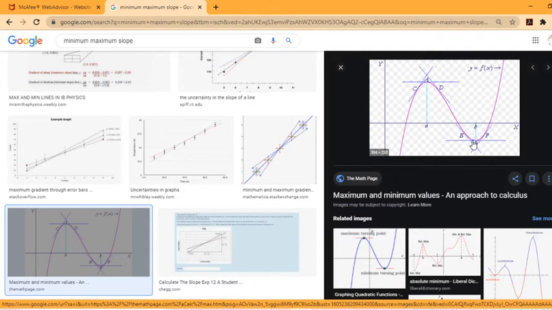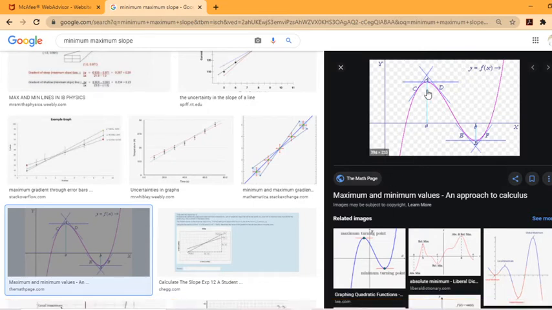Similarly in the case of the minimum, at the point E the slope is negative, at the point F the slope is positive, and at the point B the slope is parallel to the x-axis. So the slope will be 0 when the curve attains its minimum or maximum, in both cases.